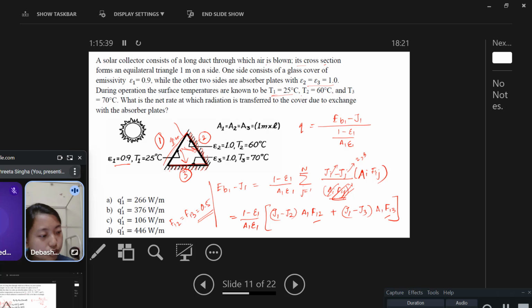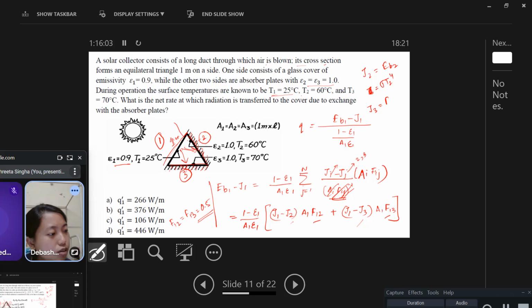Then we have to find out what J2 and J3 are. Since 2 and 3 are black bodies, J2 is equal to Eb2, and Eb2 is sigma T2 to the power 4.